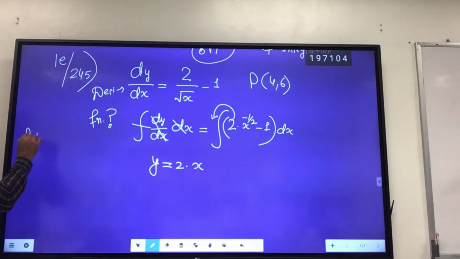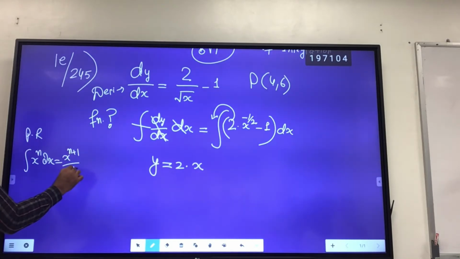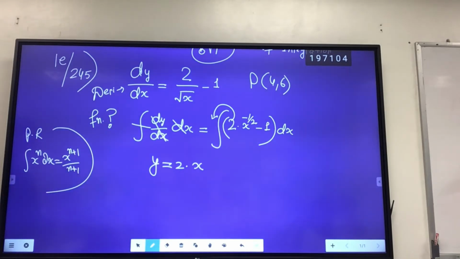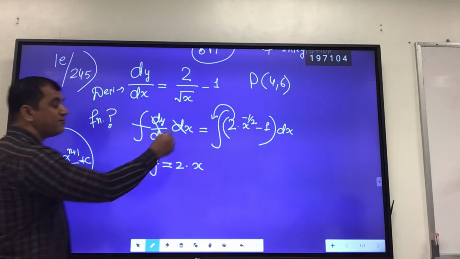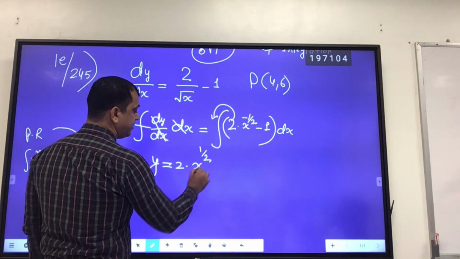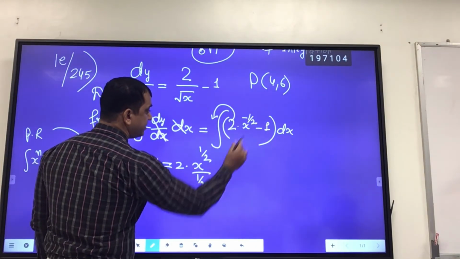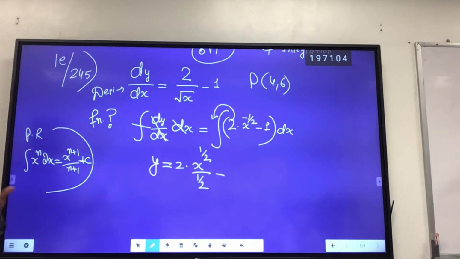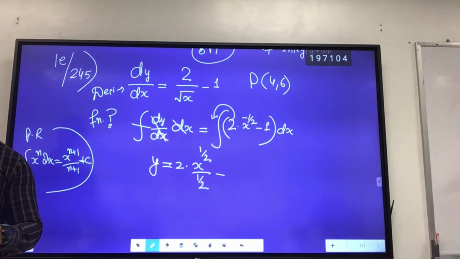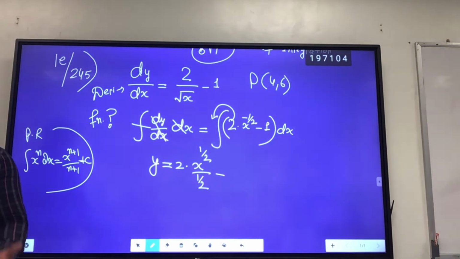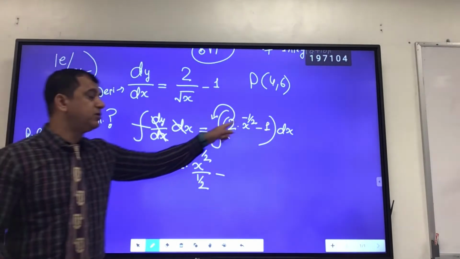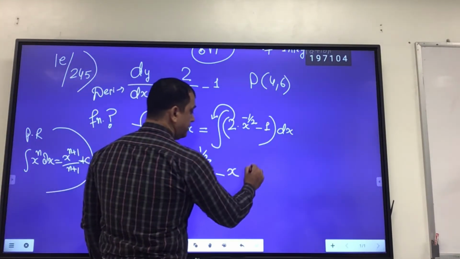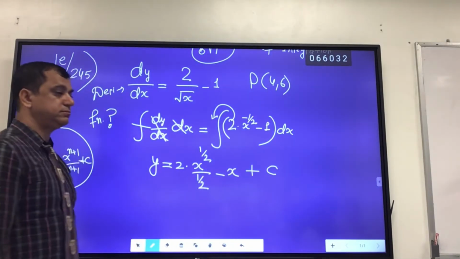The integration of x power n is x power n plus 1 over n plus 1, plus constant of integration. Likewise, this is x power minus half plus 1, which is half, divided by half. And the integration of 1 will be x, because the derivative of x is 1. That means integration of 1 should be x plus constant of integration.